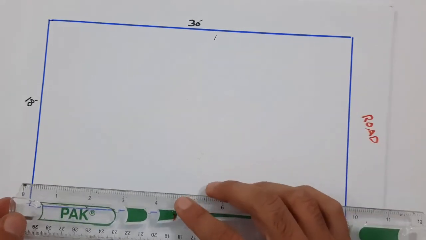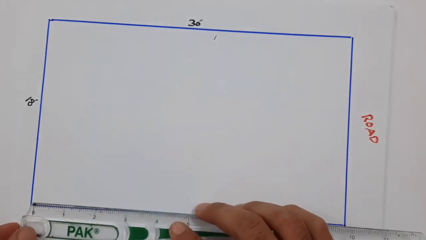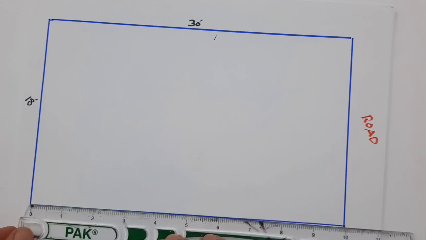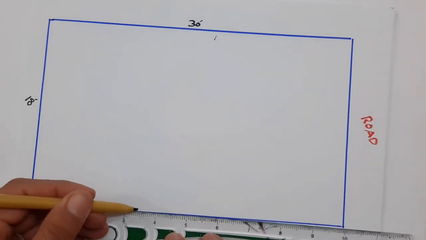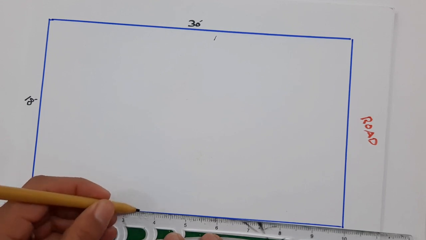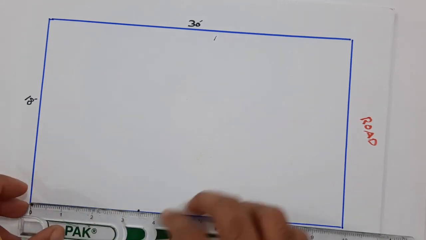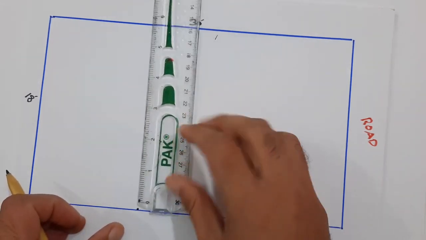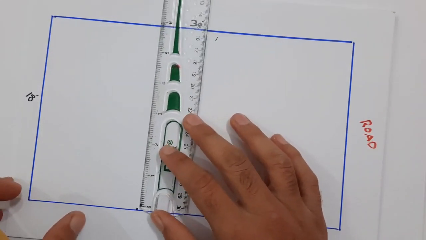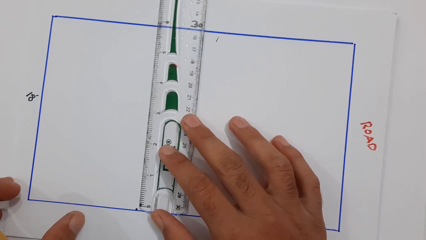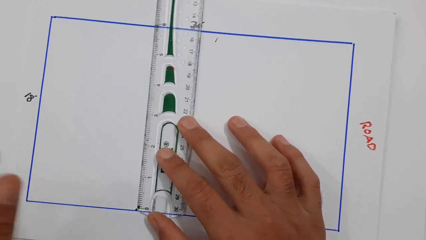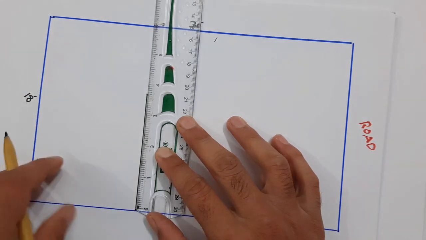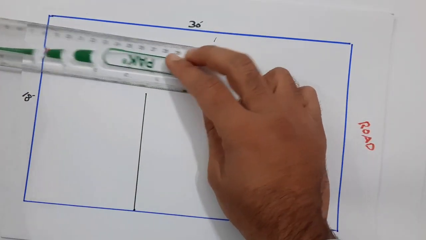Okay, so here I'm making a 10 feet bedroom. So it should be about 10.5 roundabout. Here, from here to here I will make, okay, this is a bedroom.